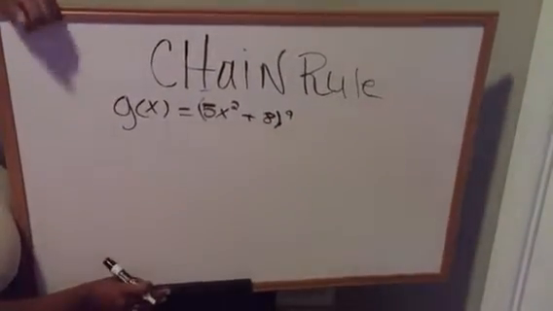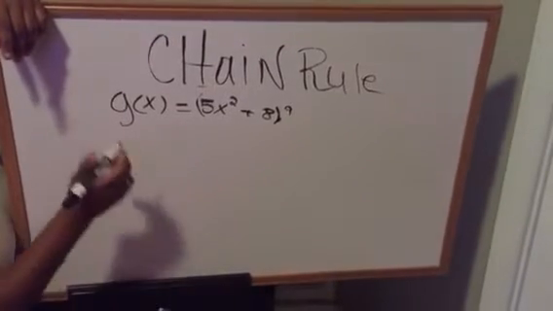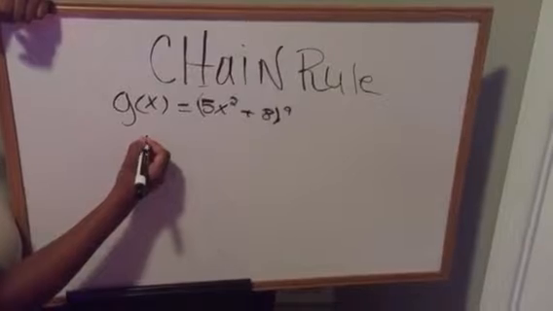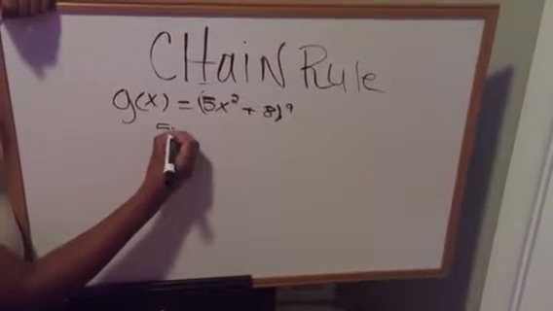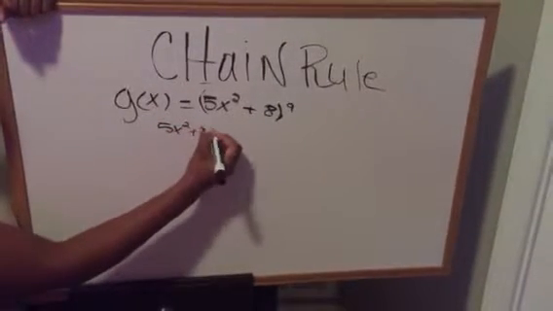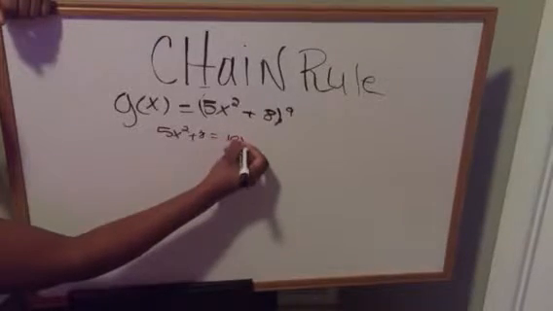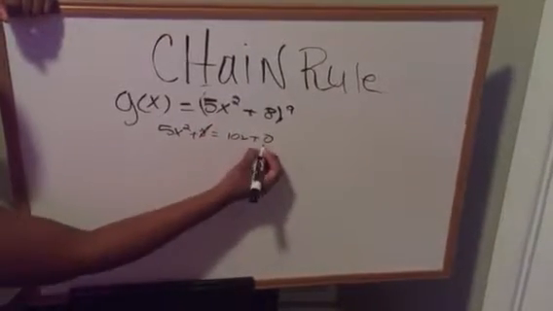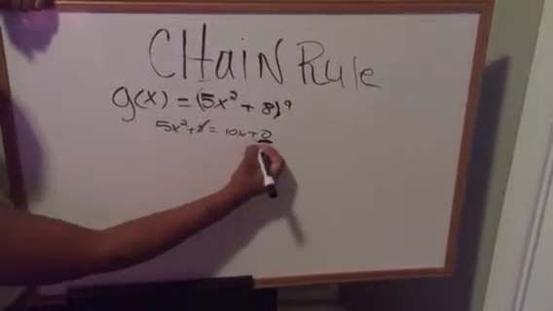Okay, so first we take the derivative of our inside function because we have to work inside out. So the derivative of our inside function, which would be 5x squared plus 8, would be equal to 10x plus 0. And we get 0 because the derivative of a constant is always 0.